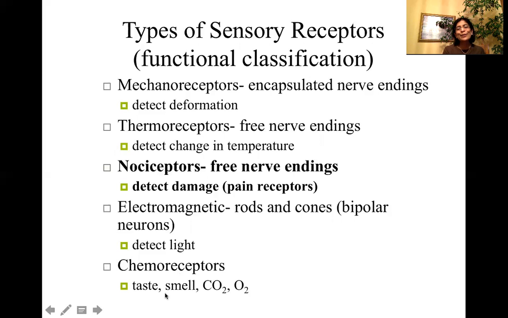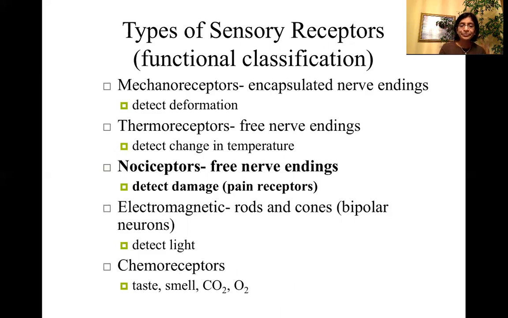The chemicals that are in the food are detected by the taste receptors, taste buds. Similarly, levels of CO2, levels of hydrogen ion, levels of oxygen are detected by chemoreceptors in the lining of the blood vessel or in the brain regions, etc.